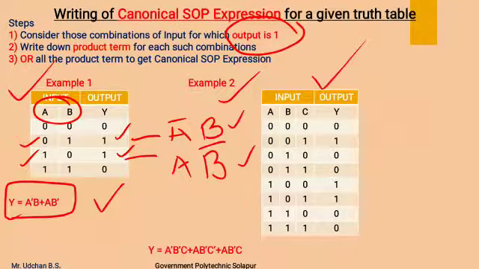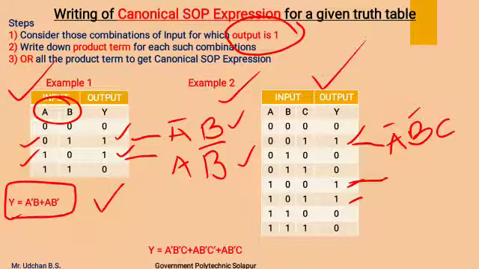For this truth table, I can write the canonical SOP expression by considering high output. Here there are 3 high outputs, so there will be 3 product terms in a canonical SOP expression. For this the input combination is 0 0 1, so the product term related to that will be A bar, B bar, C. For this one the input combination is 1 0 0, the product term will be A, B bar, C bar.